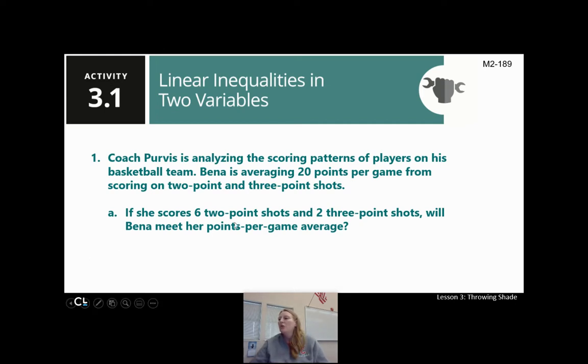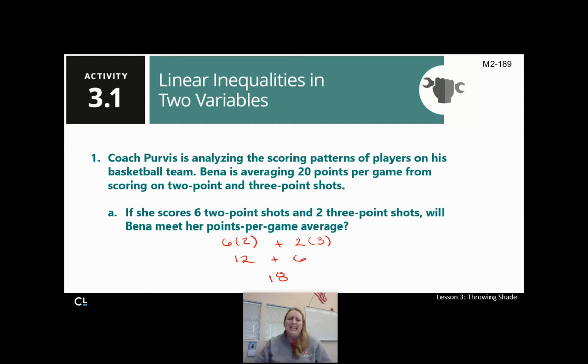So she scores 6 2-point shots, so 6 times 2, but we're going to add on 2 3-point shots. Well, 6 times 2 is 12, 2 times 3 is 6, and 12 plus 6 gives us 18.